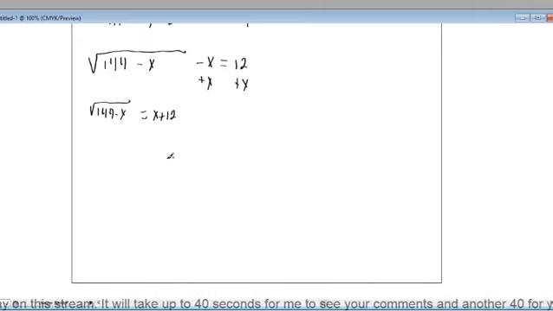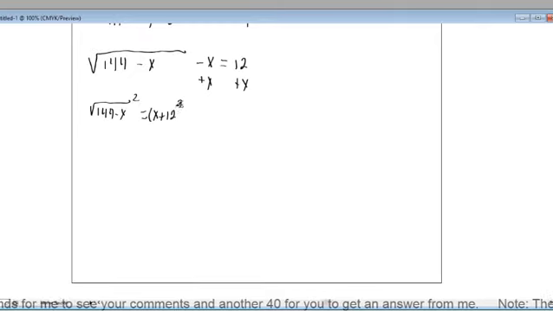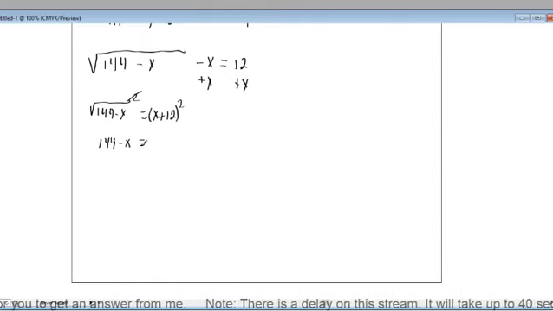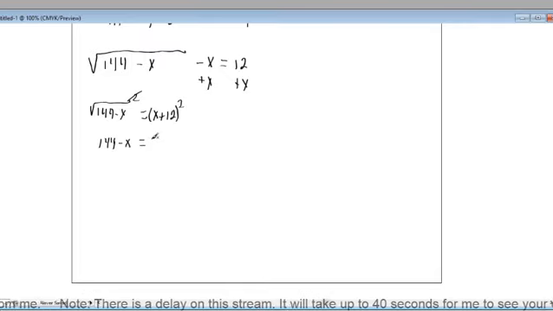Okay, so now that I have that square root by itself, I can go ahead and square both sides. So I'll square that side, square this side. That will cancel out my root here, giving me 144 minus x. Equals, well, I need to square this out. So let's see, x times x is x squared.